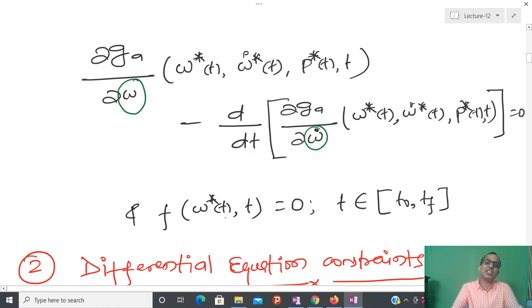So again I have to just use the Euler equation, and in order to use the Euler equation I have to find some kind of augmented function.